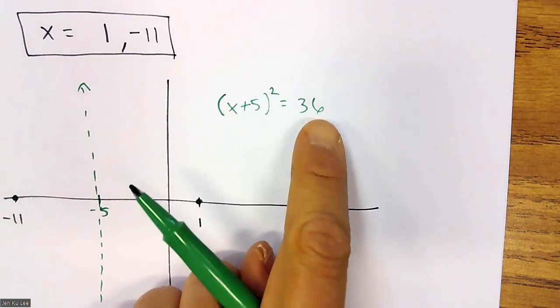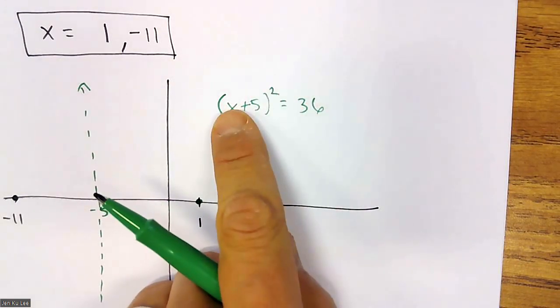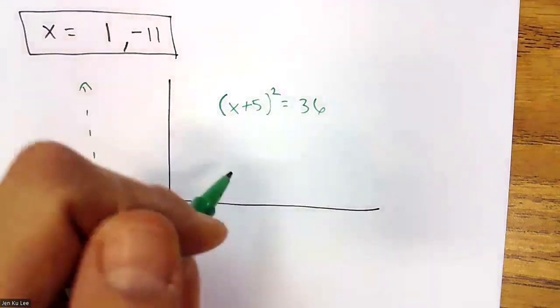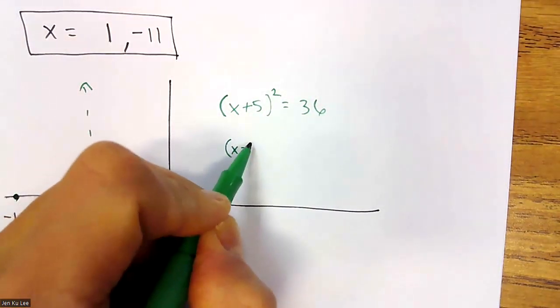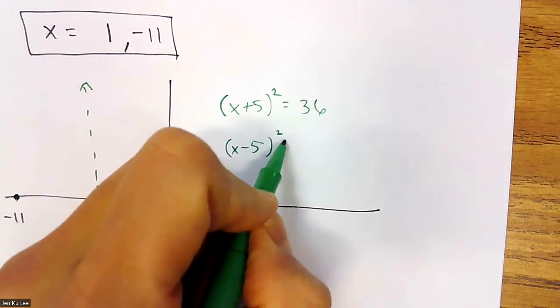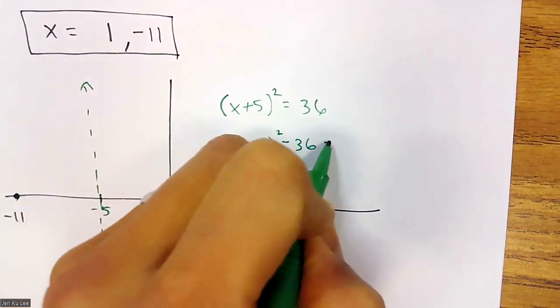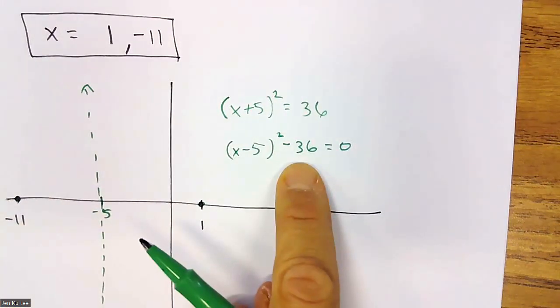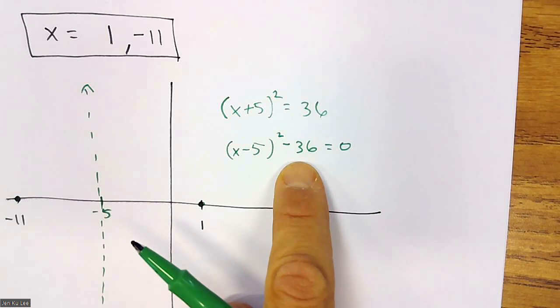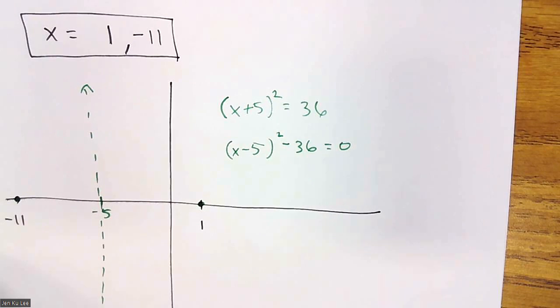Yeah, because if I put this on this side, my k value would be negative 36. So x plus 5 quantity squared minus 36 equals 0. It's negative 36. All right.